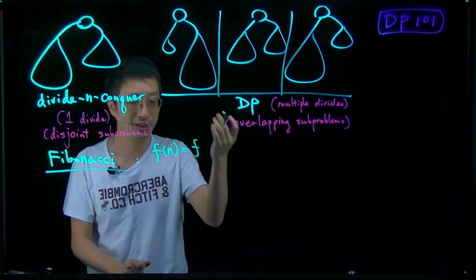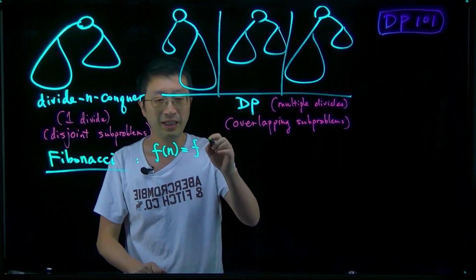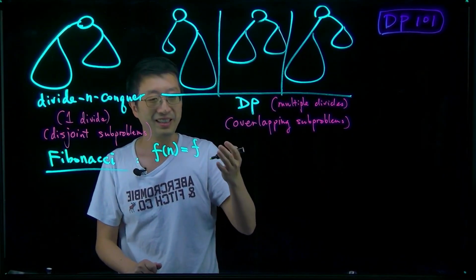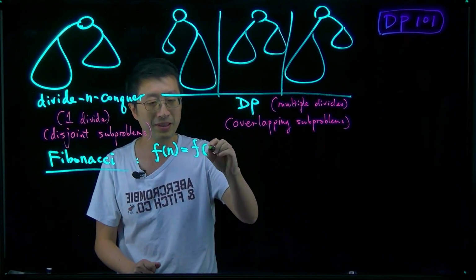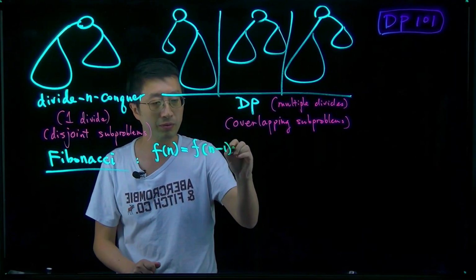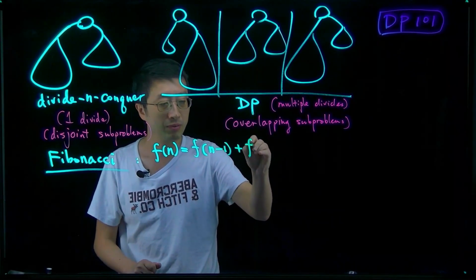It starts with this Italian mathematician called Fibonacci, who studied the reproduction numbers of rabbits, because rabbits reproduce really fast. So every month, the rabbits will reproduce a lot.